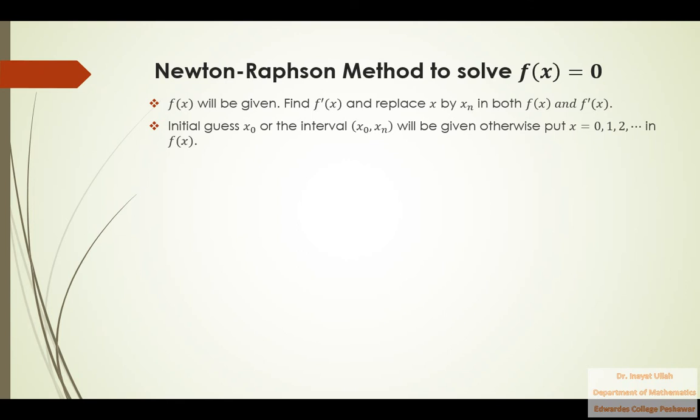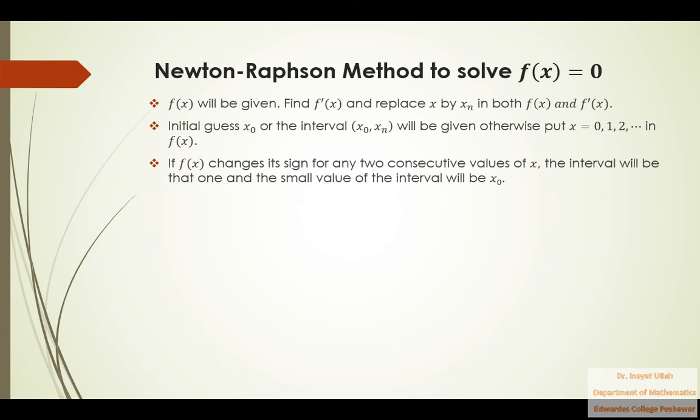So replace x by 0, then x by 1, then x by 2 and so on, and note down the change of sign in the value of f of x. If f of x changes its sign for any two consecutive values of x, remember, consecutive values of x, that will be the interval, and the smaller value of the interval will be x naught.